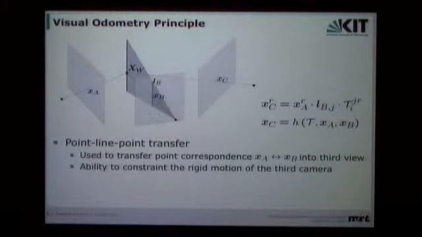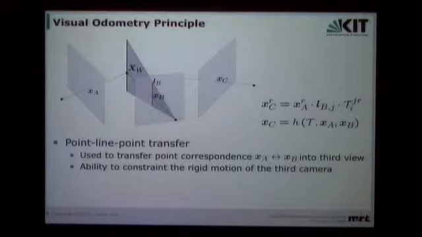So for our application to estimate the ego motion, we need this following equation right here, which says that if one point in the world is projected into these 3 camera images, and we have found these pixel positions in 2 of the cameras already, say XA and XB, and we do know the trifocal tensor, then we can estimate or predict the pixel position of that very point in the third view.